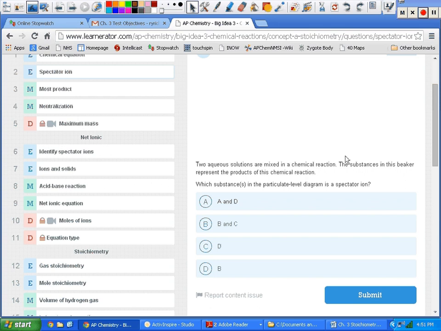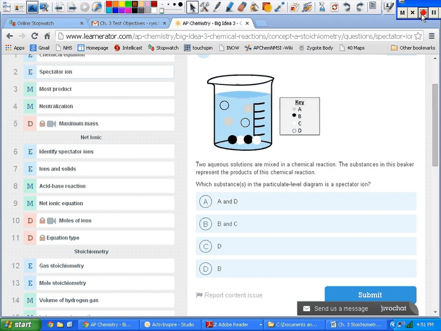Now, this question's a little bit easier. Again, you can't really see it, but there are two little gray dots right here. Shoot, I can't even tell because it's so faded. The white dots are C. Two aqueous solutions are mixed in a chemical reaction. The substances in this beaker represent the products of the chemical reaction.